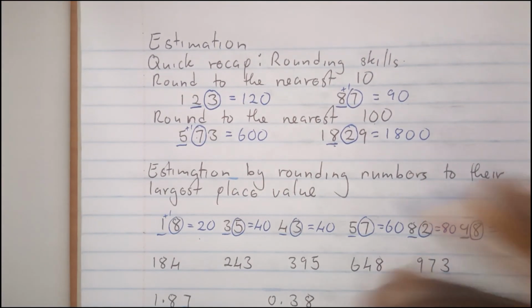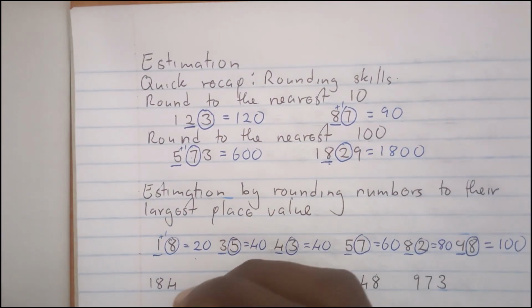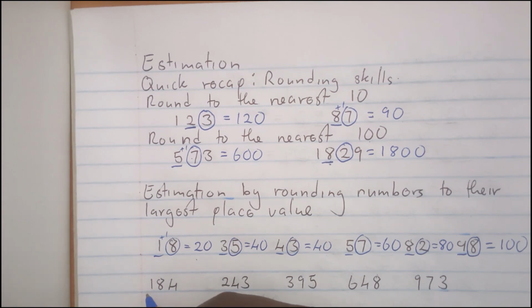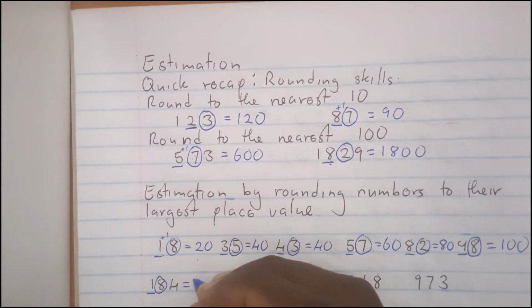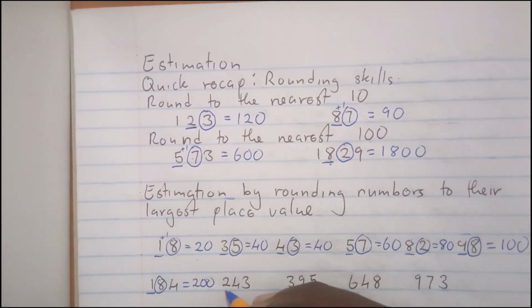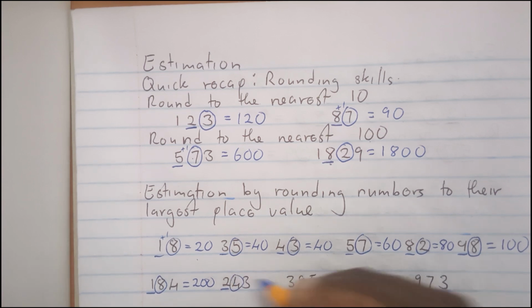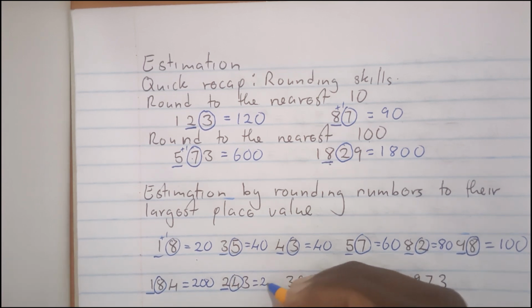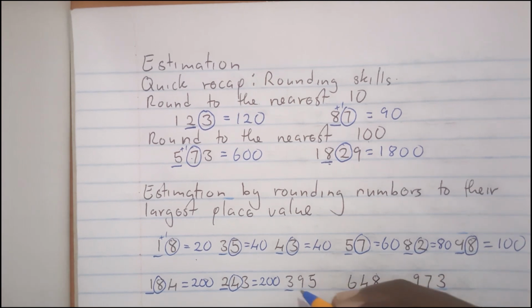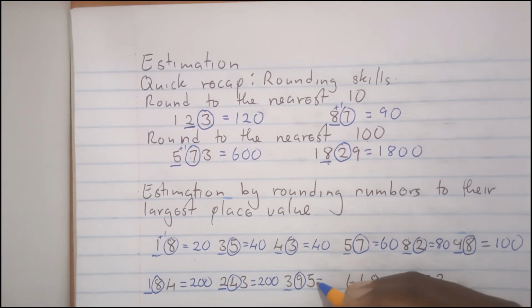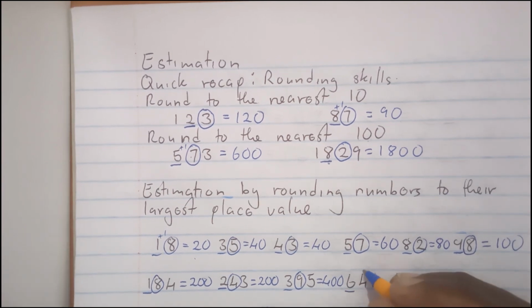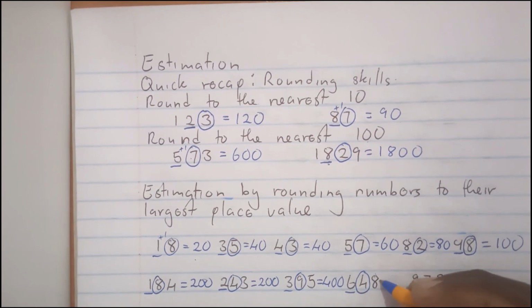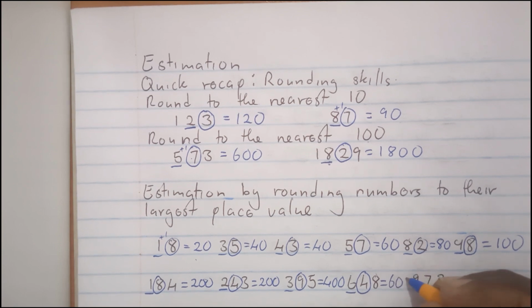Again here we have these numbers. The largest place value is 100, so we'll be estimating them to the nearest 100. So this becomes 200. That remains 200. That moves up to 400. That one remains 600.